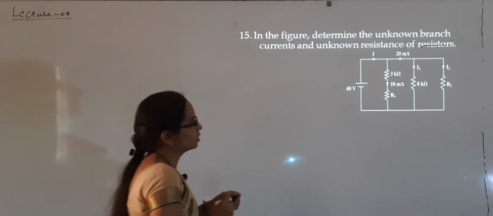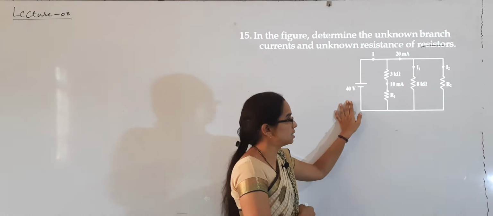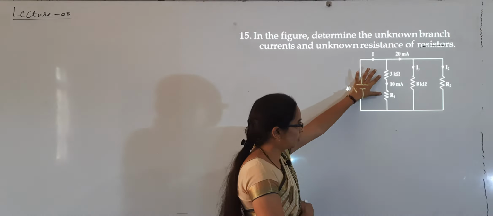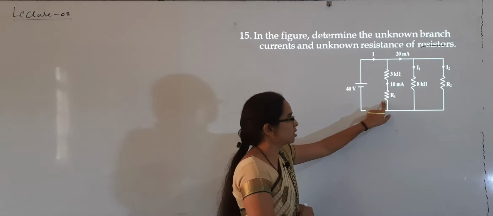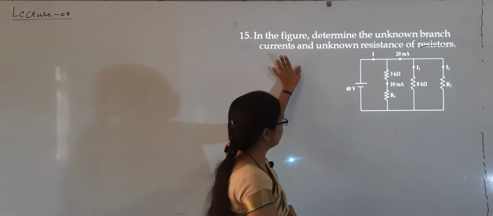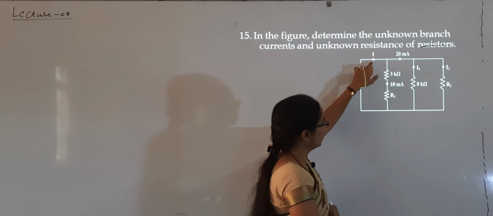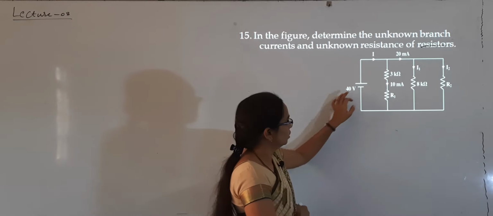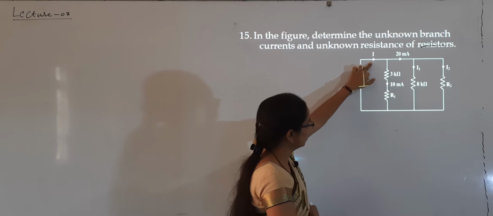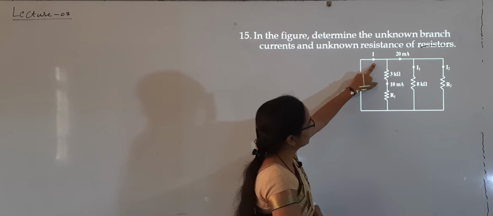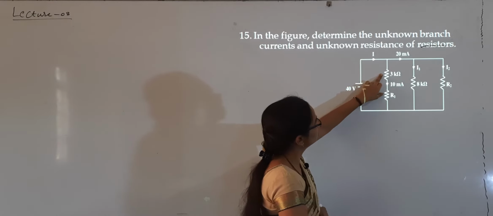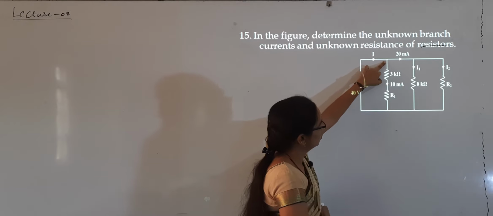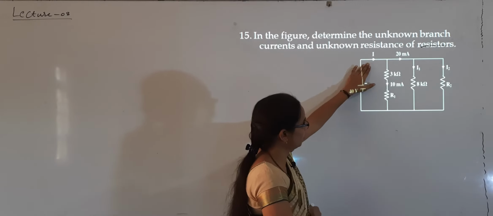Here in the circuit, a 40 volt DC supply is there, a 3 kilo ohm resistor, and this resistance is unknown. Calculate branch currents. We have to calculate I1, I2. Even I, the main current, we don't know.